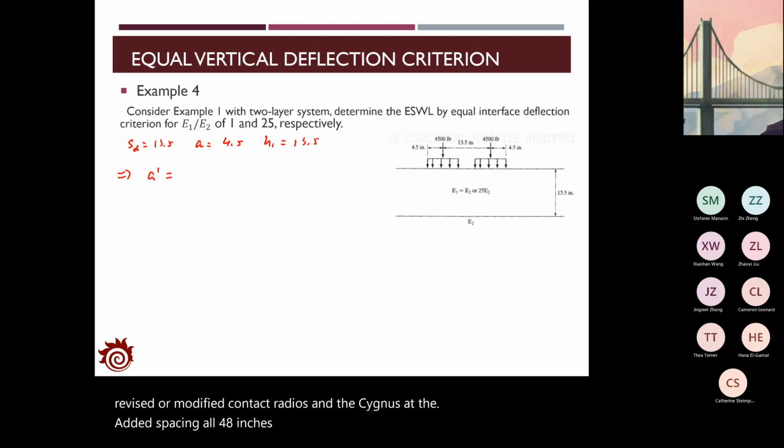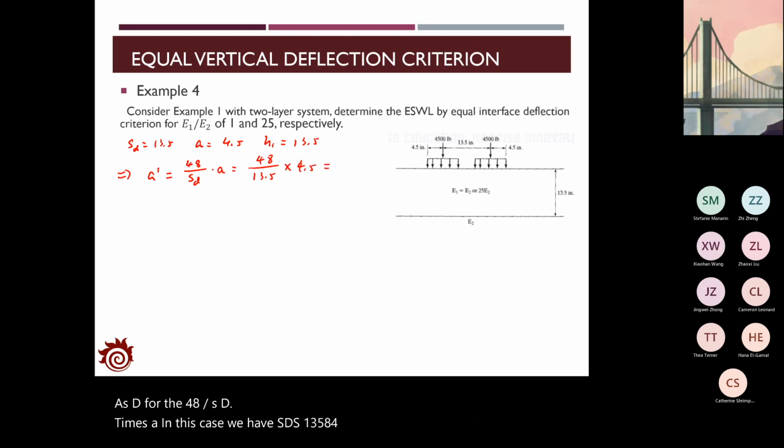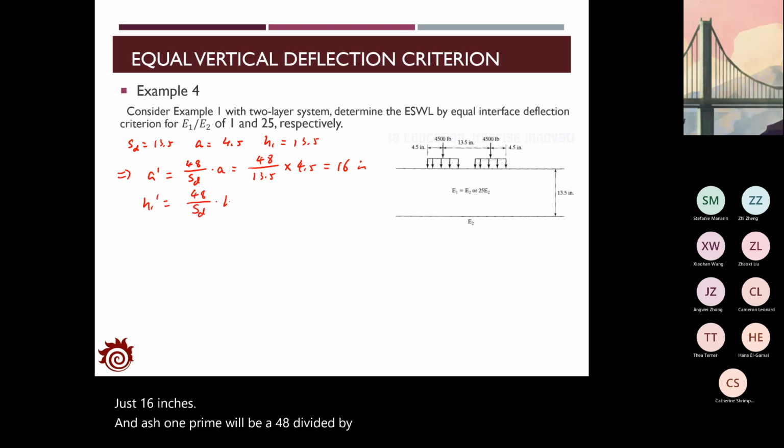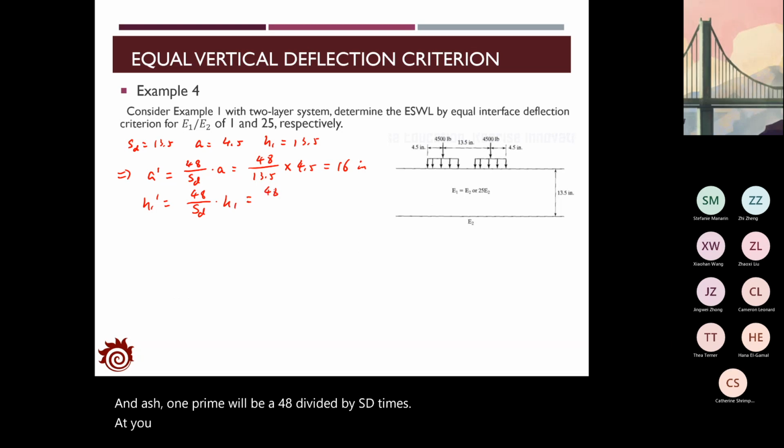So A prime will be 48 divided by SD times A. With SD 13.5 and A 4.5, it gives just 16 inches. And H1 prime will be 48 divided by SD times H1, so it's 48 divided by 13.5 times 13.5, which is 48 inches.